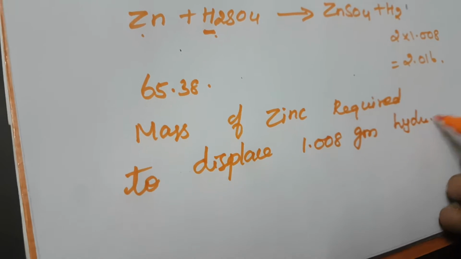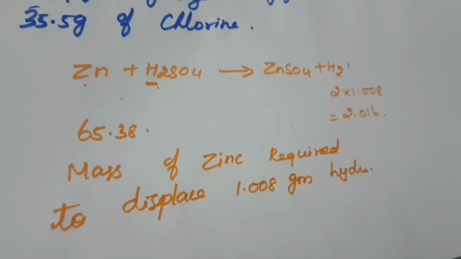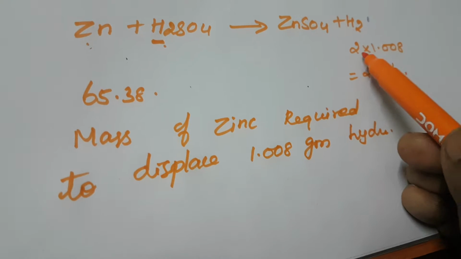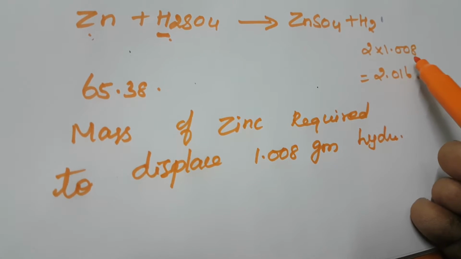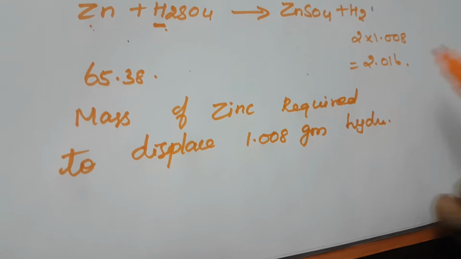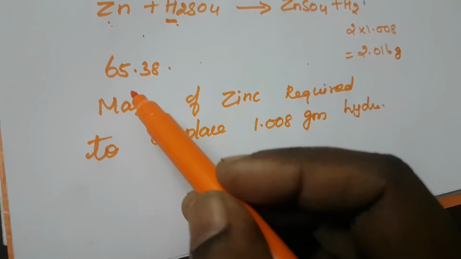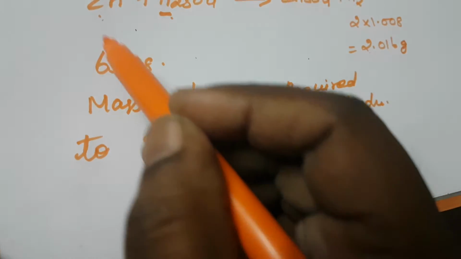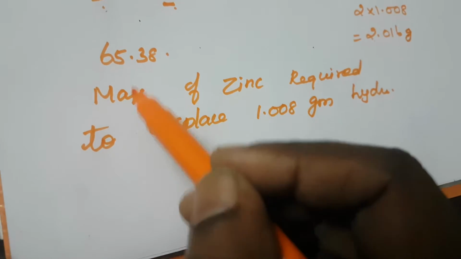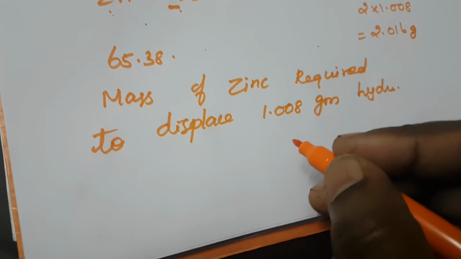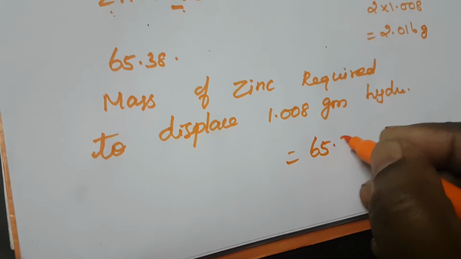From this equation, 1 mole of zinc replaces 2 moles of hydrogen. The atomic mass of hydrogen is 1.008, so that is 2.016 gram. So 1 mole of zinc, the atomic mass of zinc, is 65.38, replaces 2.016 gram of hydrogen.